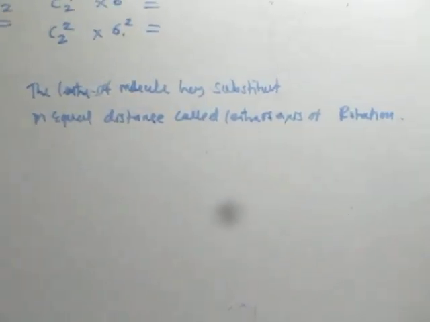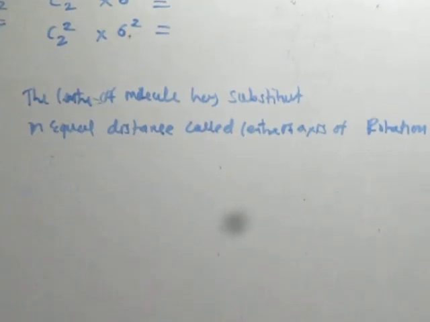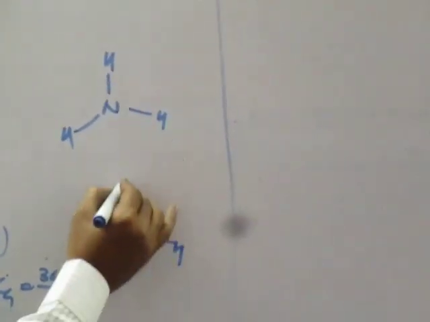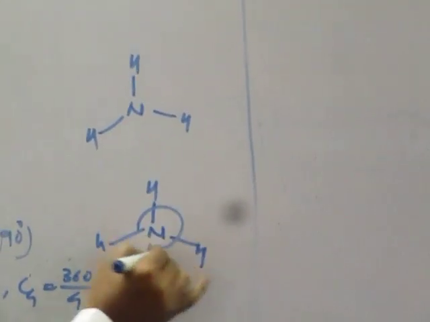For example, take NH3. It has the identity. For the axis of rotation, NH3 possesses a C3 rotation.